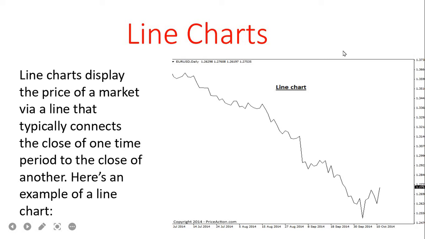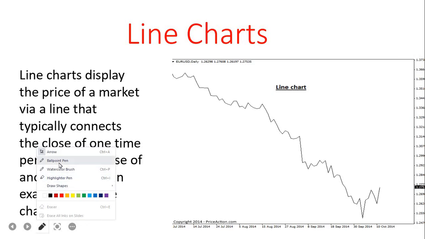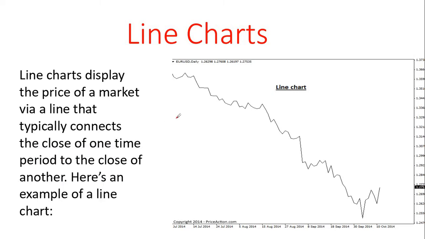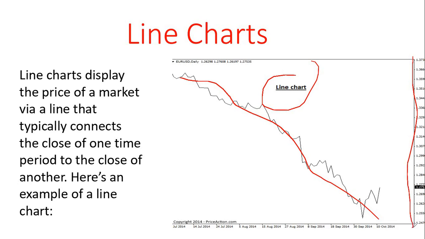So this is how the line chart looks like. As you can see, it goes like that. Here is where the price is, and down here you can see the month and the year.